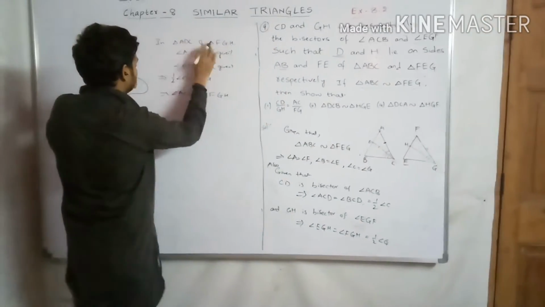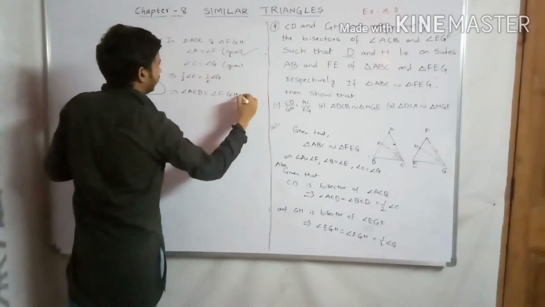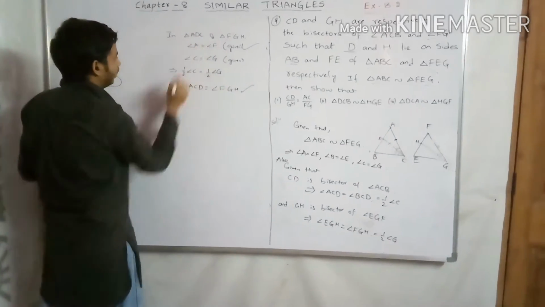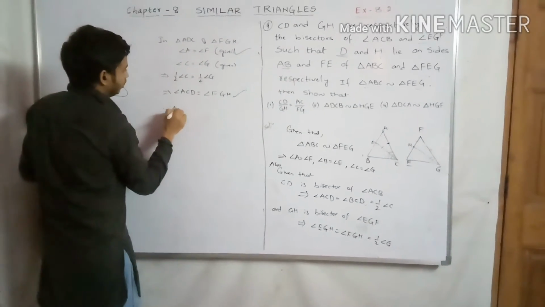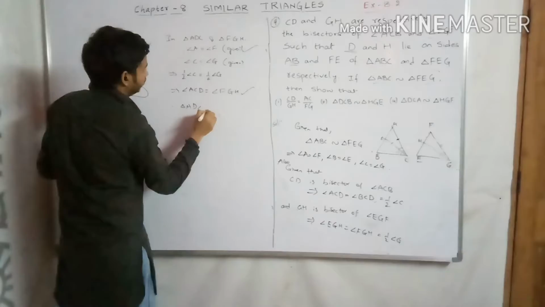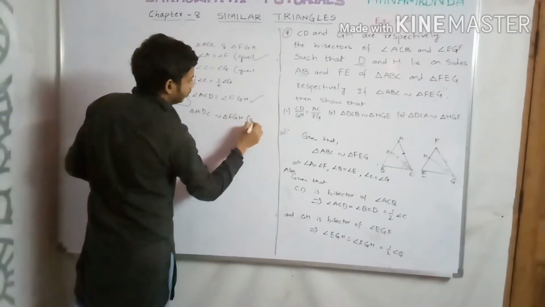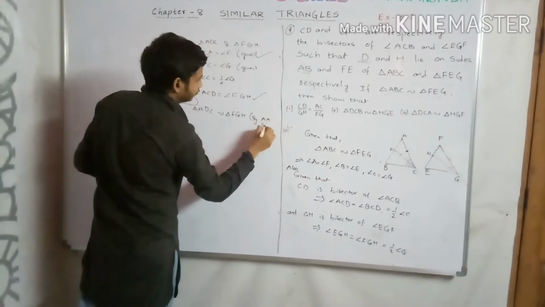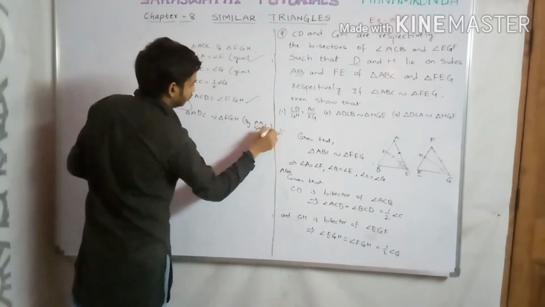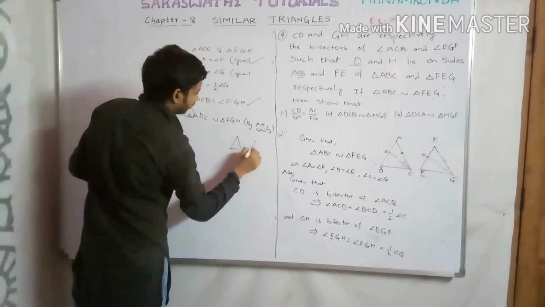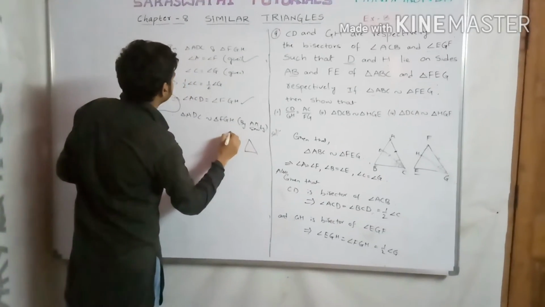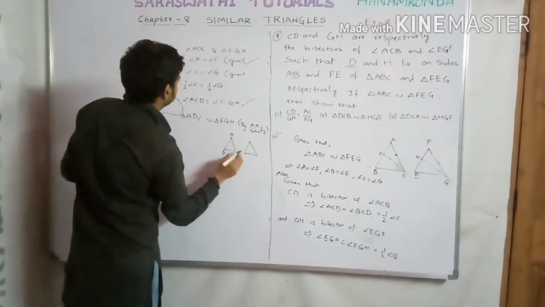In both the triangles, two corresponding angles are equal. Therefore triangle ADC is similar to triangle FGH by AA similarity. Draw the two triangles separately. This is ADC.